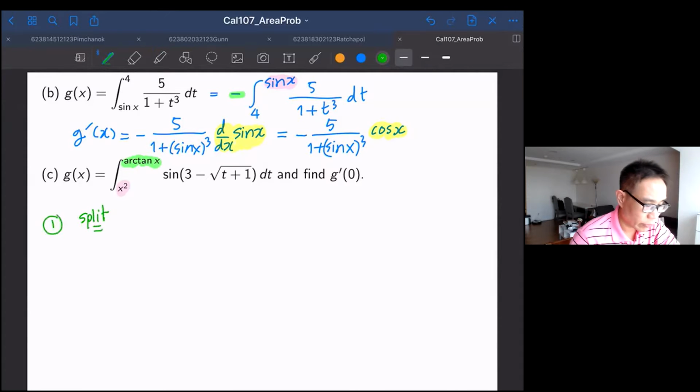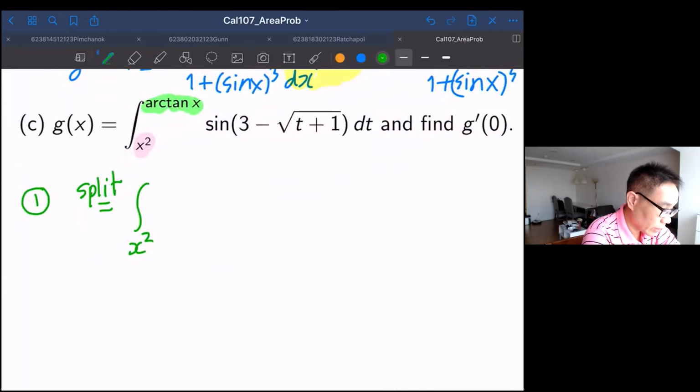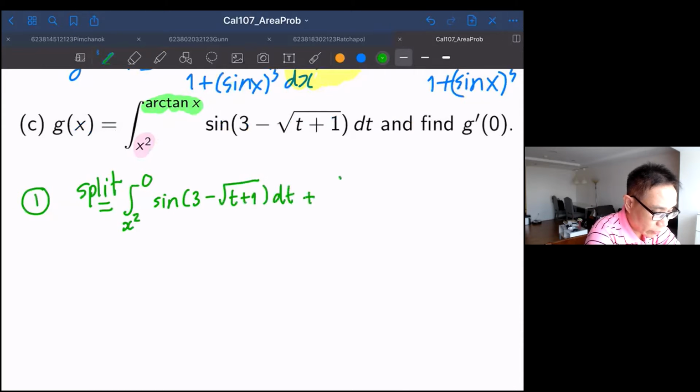The first step is you split this one. So it's the integral from x squared to arctan x. Let me enlarge this a little bit. It's going to be the integral from x squared to 0 of psi 3 minus root t plus 1 dt, plus the integral from 0 to arctan x of psi 3 minus root t plus 1 dt.